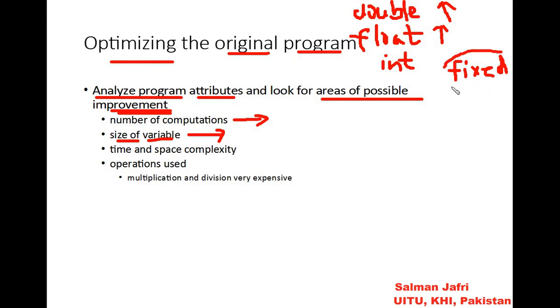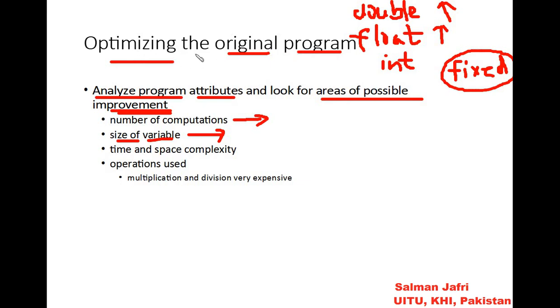And when we convert into fixed point computations, the complexity of the circuits decreases considerably, and I am talking from the point of view of FPGA implementations as well. In addition to that, the time to completion of the algorithm decreases, because the speed of the algorithm increases.